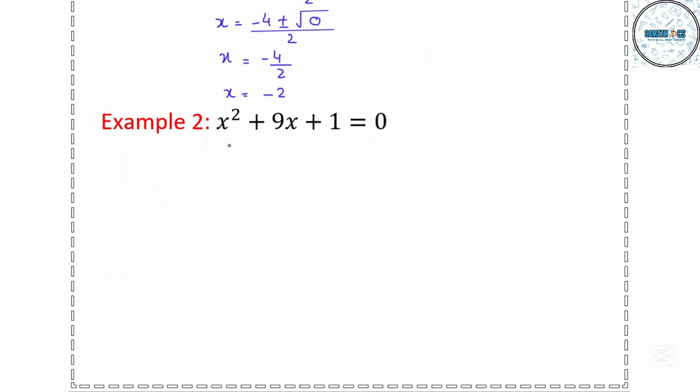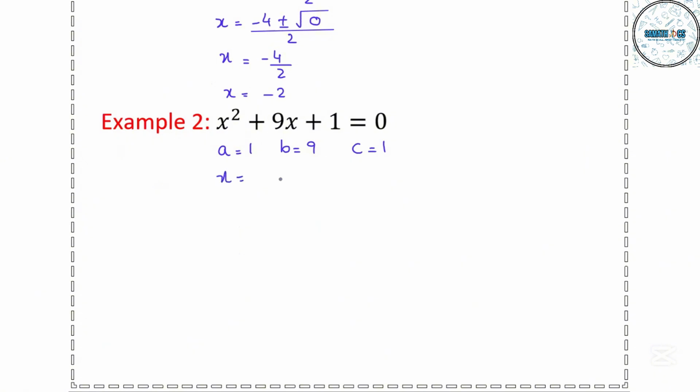Let's do another example: x squared plus 9x plus 1 equal to 0. A is 1, b is 9, and c is also 1. Now we'll substitute the values of a, b, and c in the quadratic formula.